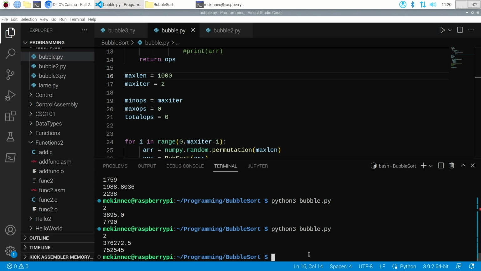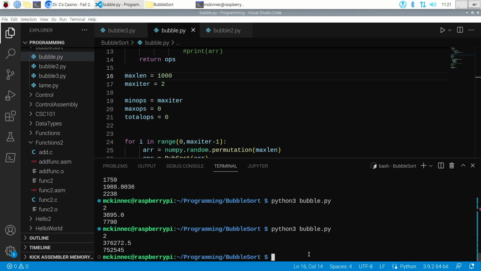How many on average did it take when I increased the number of cards by a factor of 10? Looks like it's a factor of 100, right? And that's really what this n squared thing means: increasing the number of cards by a factor of 10 actually increases the complexity of the sorting by a factor of 100.